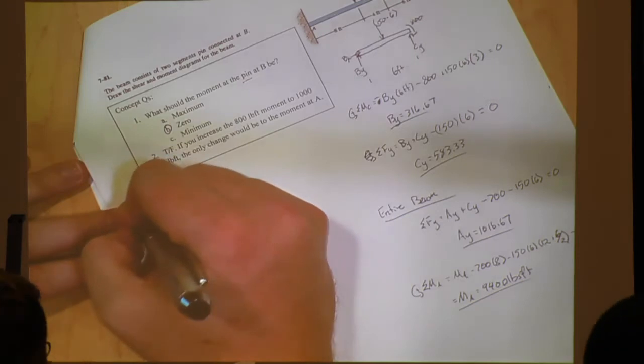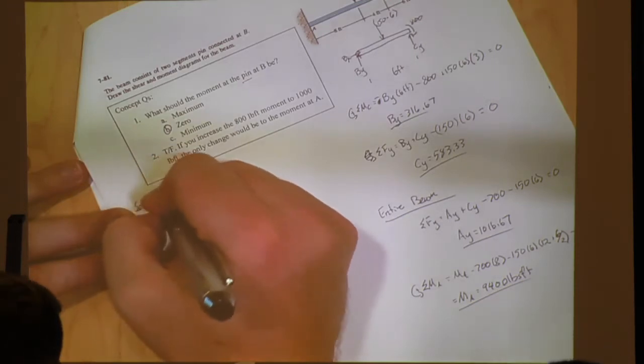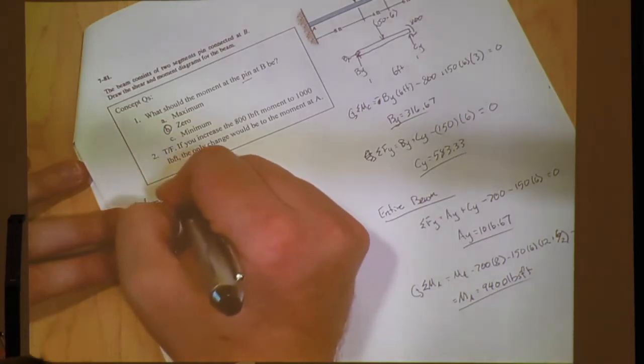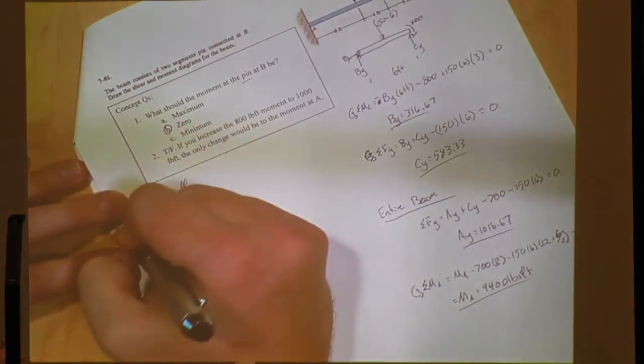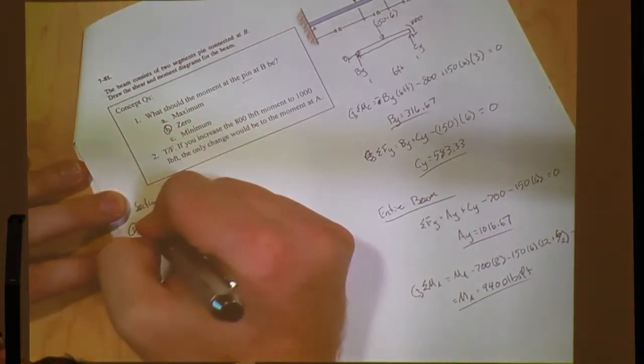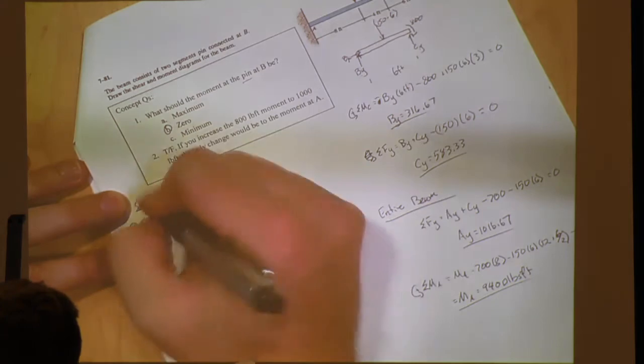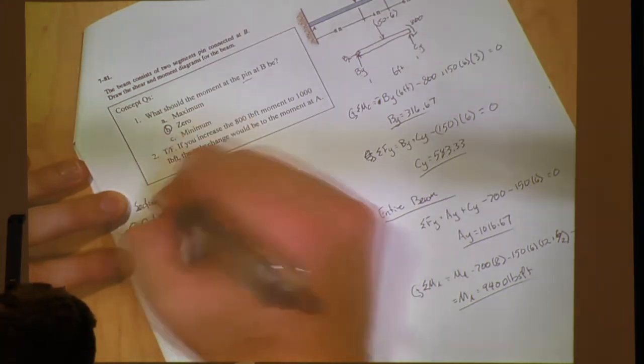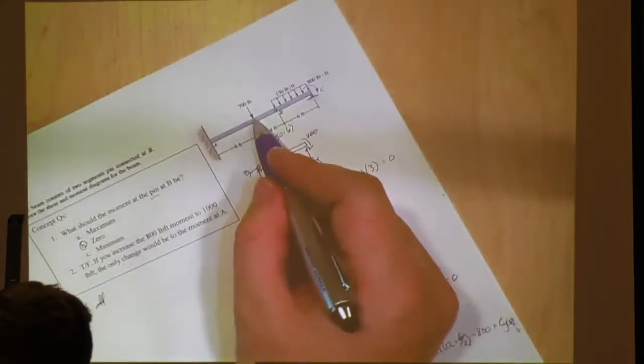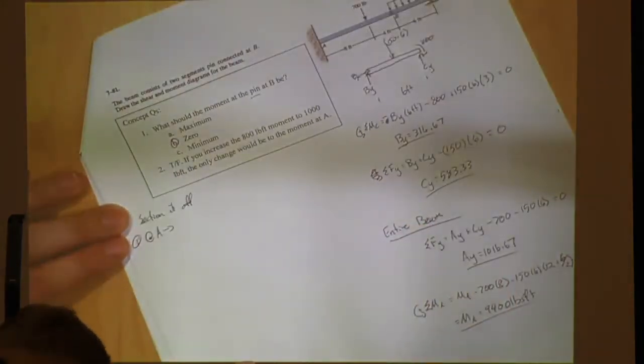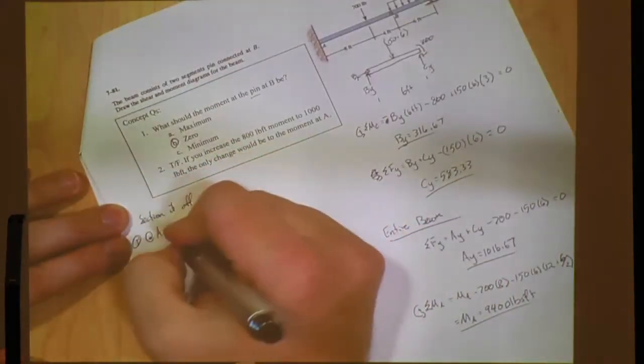So section it off. Our first section goes from A to right here, right before the 700 load.